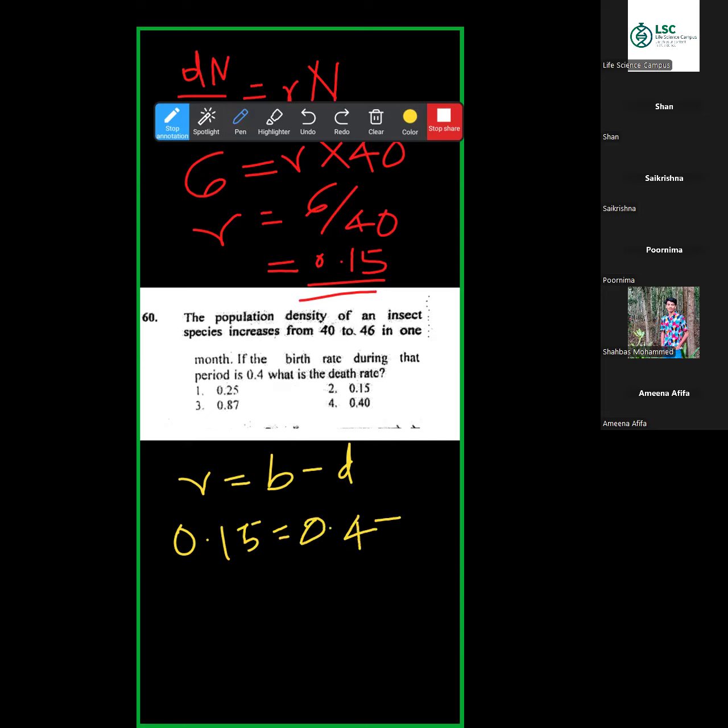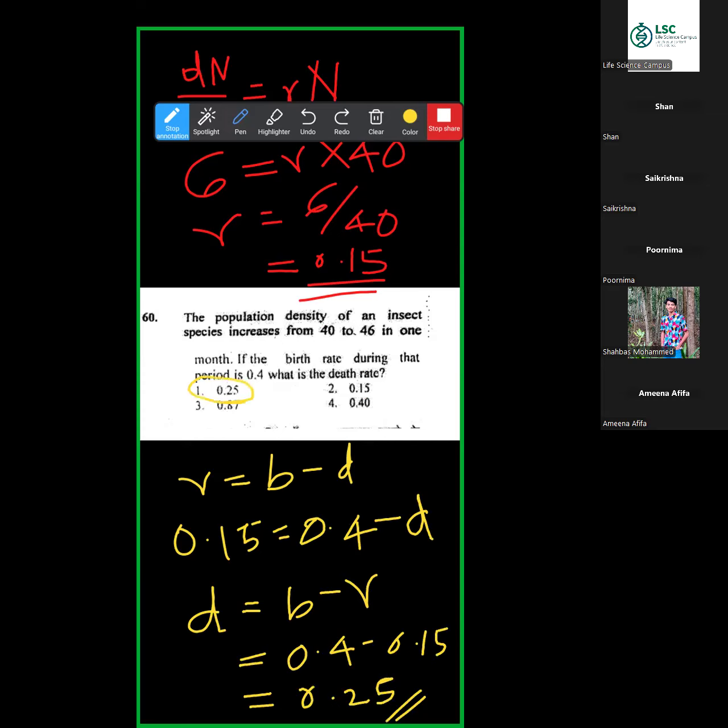We have to find out the D value. So D is given by B minus R, which is 0.25. So option 1 is the right answer. Is it clear?